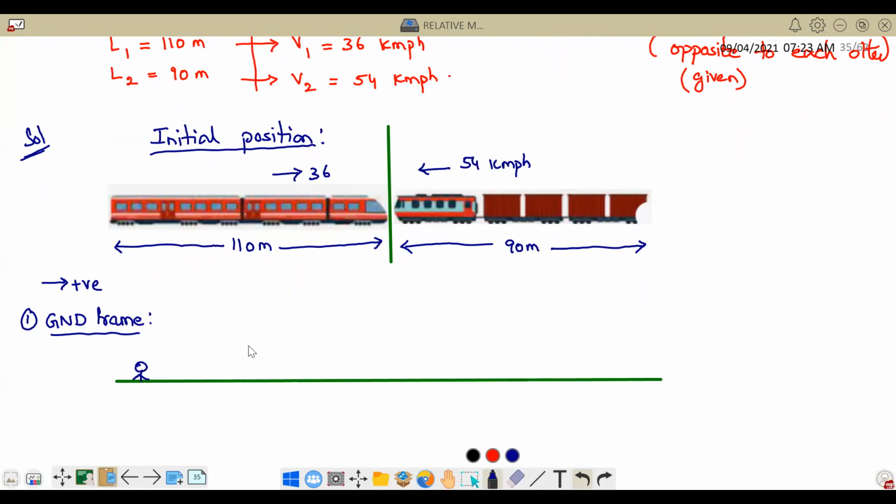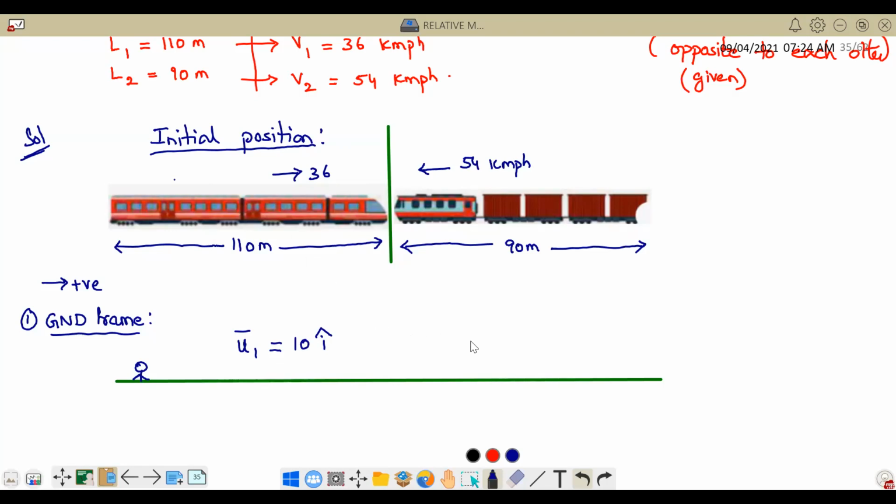So what is the velocity of the first train in meters per second? 10 meters per second, that is 36 into 5 by 18, so 10 i cap. Correct? Acceleration we don't have to write, because we assume it is moving with constant velocity.